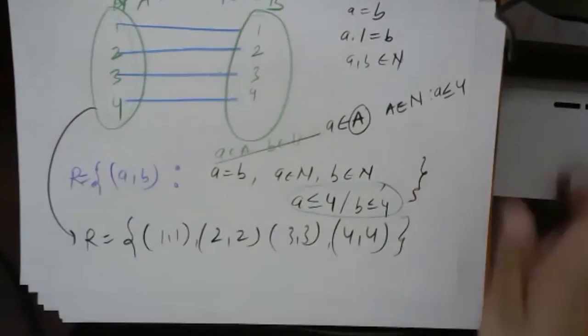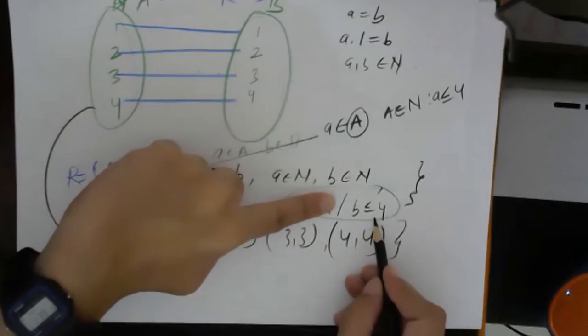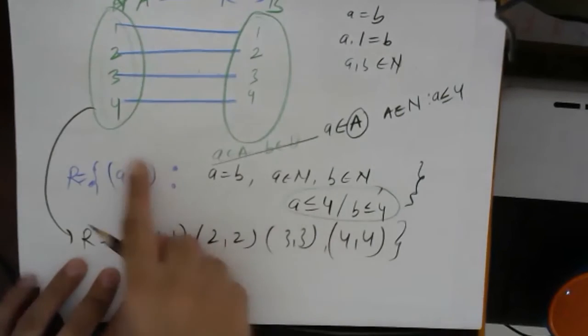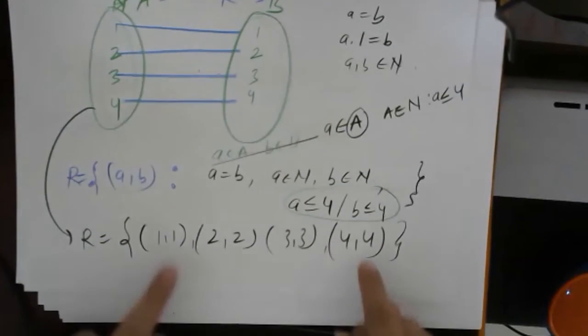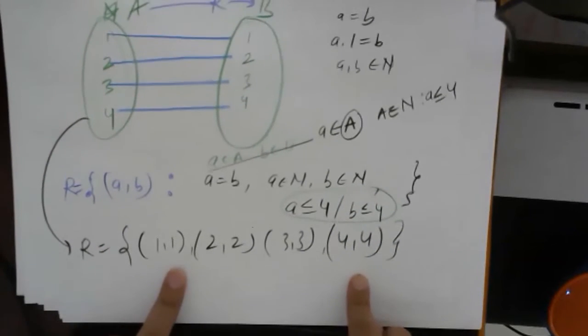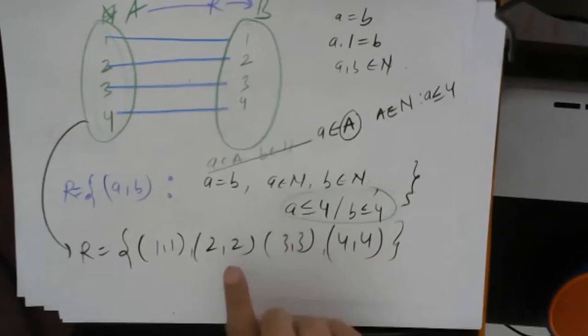If I forget about A less than or equal to 4 and only write B less than or equal to 4, what is the output? Still only this. So we are not bothered about what I write here. My output should be the same as this one. Understood? Everyone understood? Fine.